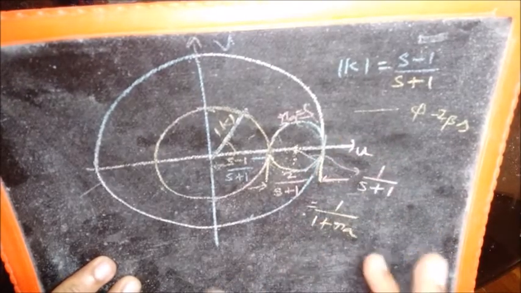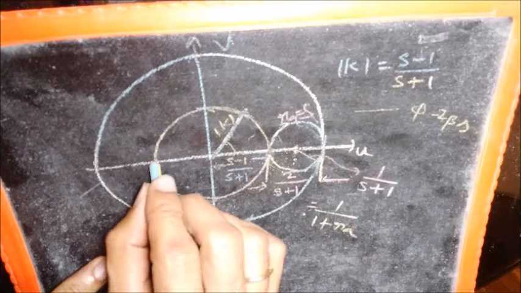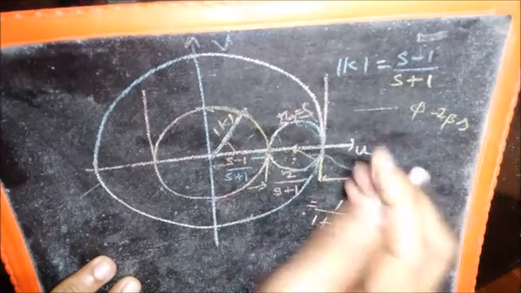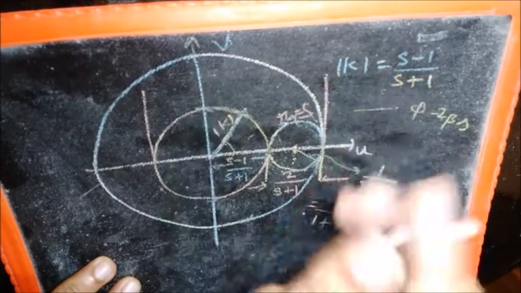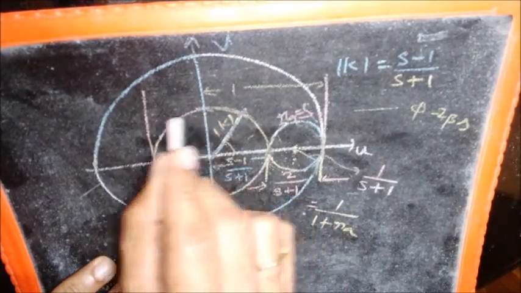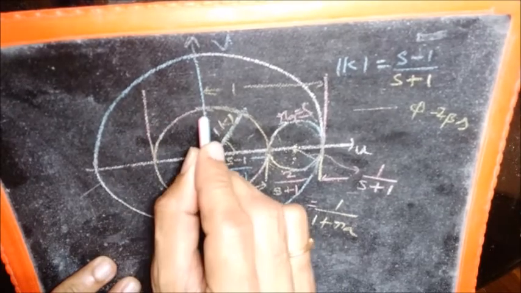So that is what we understand. Now, by a continuation of that, you can see that this will be 1, this will be 1, and this is anyhow S minus 1 by S plus 1.